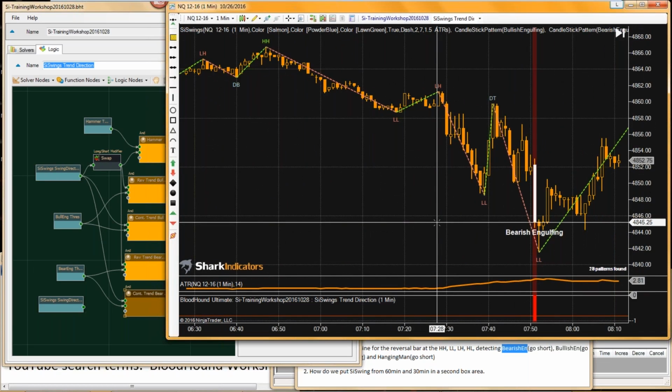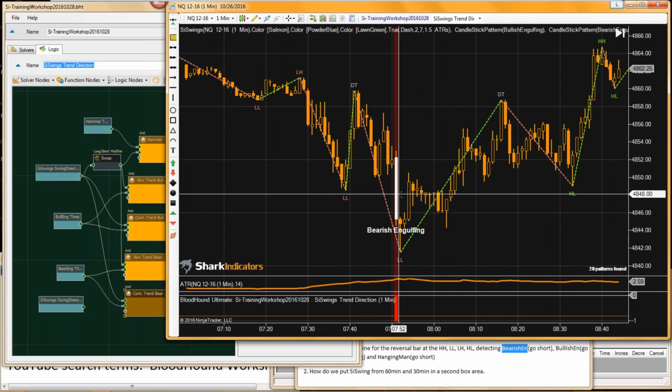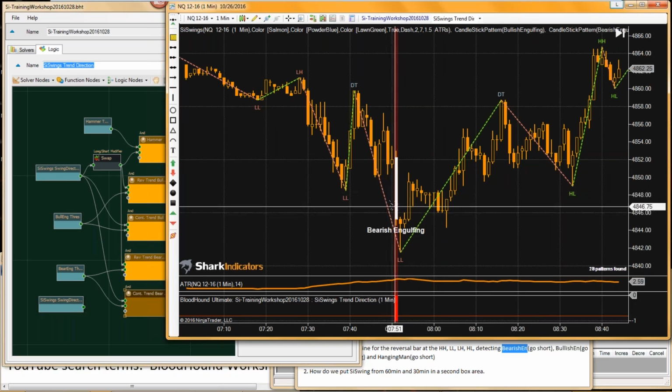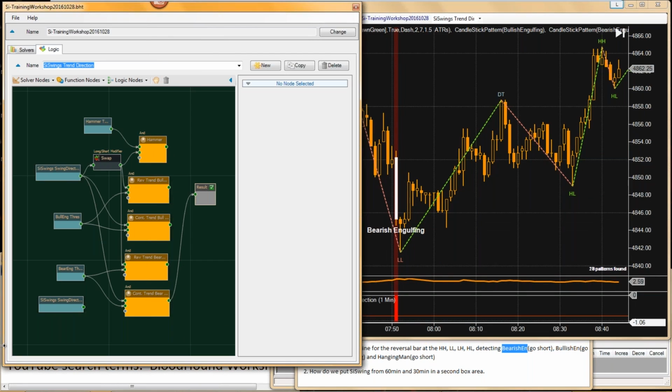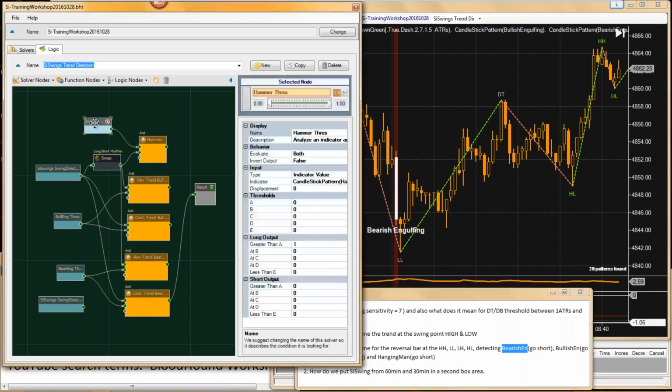There we go. In a downtrend, there's a bearish engulfing for a continuation pattern there. All right, one last one here. We'll get the hanging man built here.